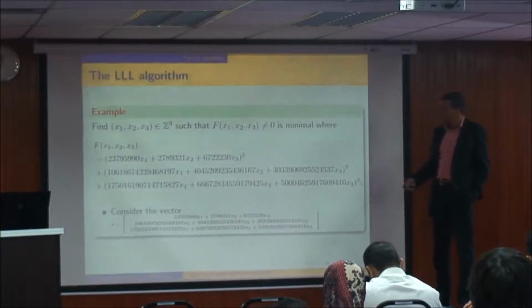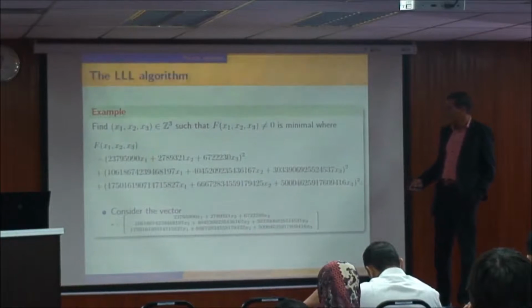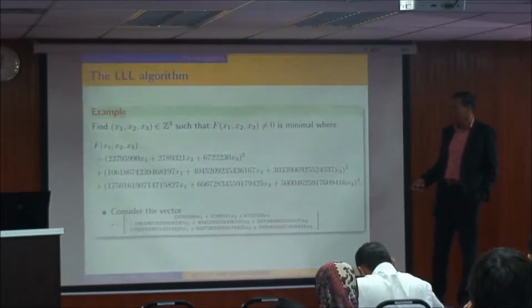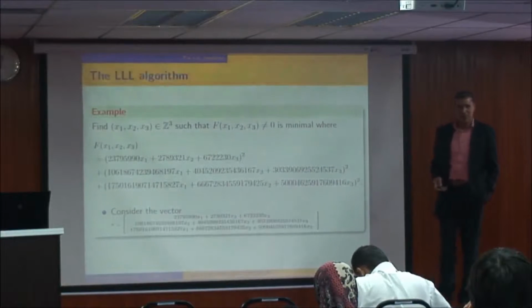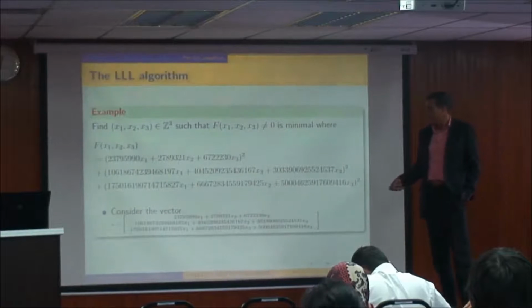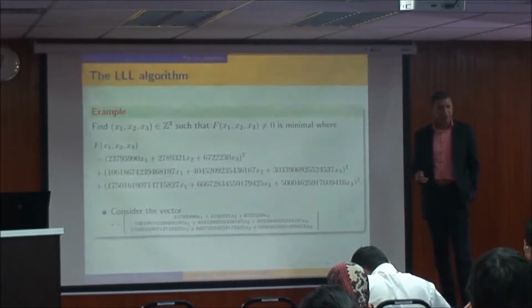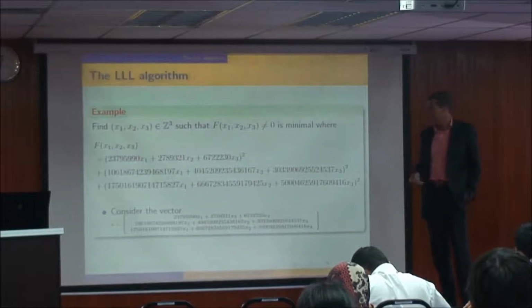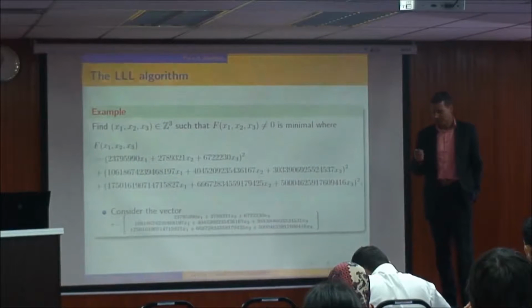We want the minimal value of this function. How to find x1, x2, and x3 such that f(x1, x2, x3) is minimal? It's very easy to solve, but we can apply the algorithm to solve this problem.